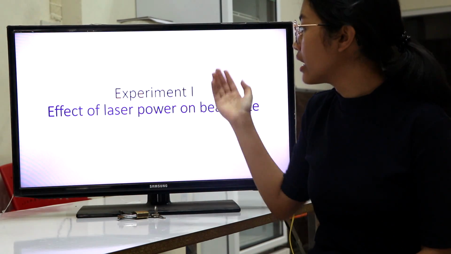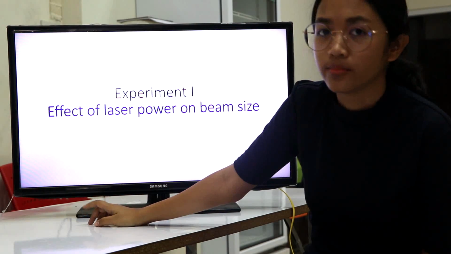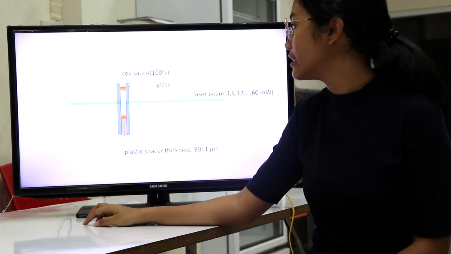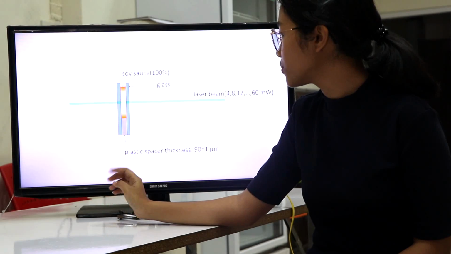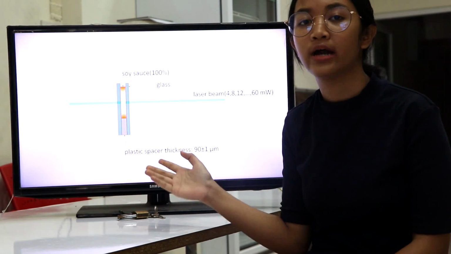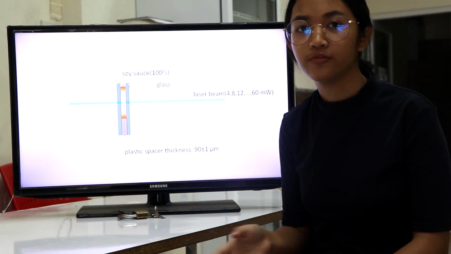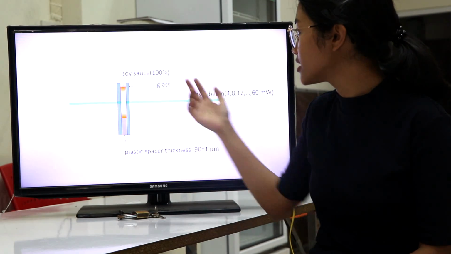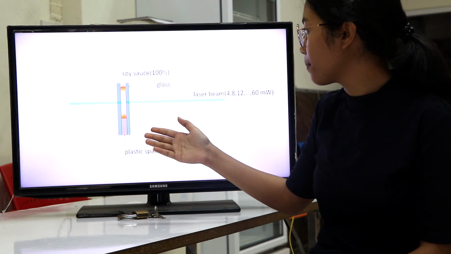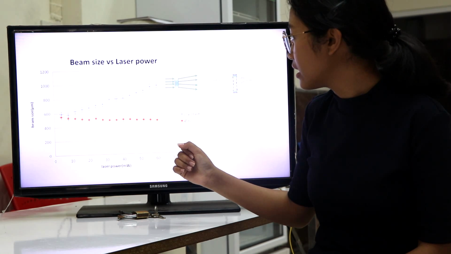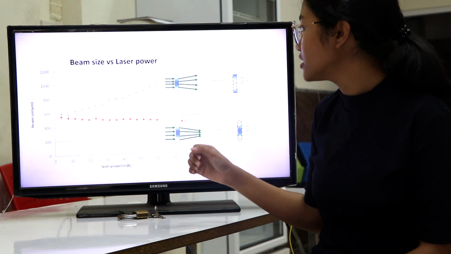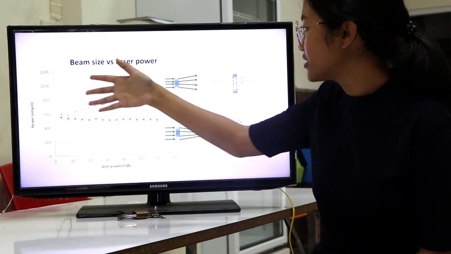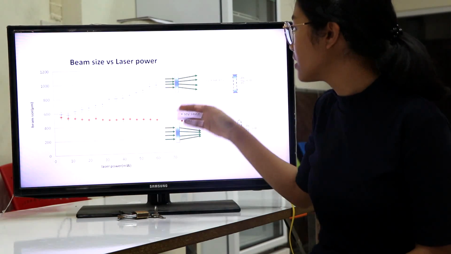Experiment 1: effect of laser power on beam size. In this experiment, I used laser power from 12 to 60 milliwatts and 100% soy sauce. As you can see, there are two results.